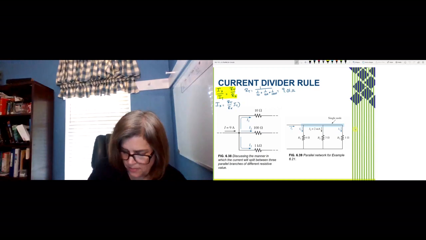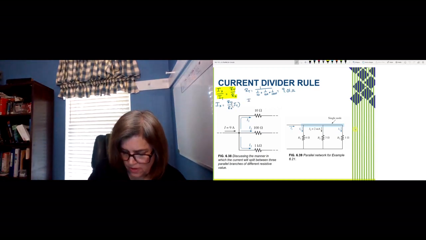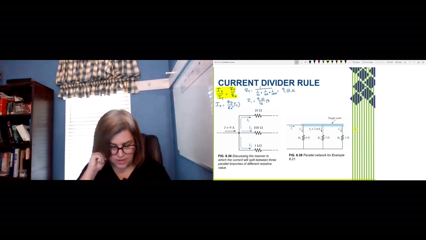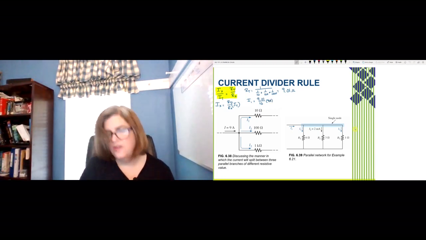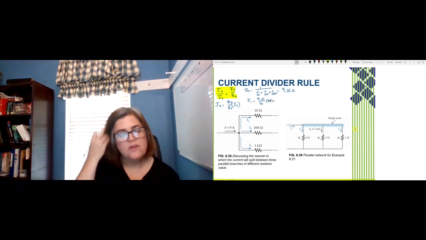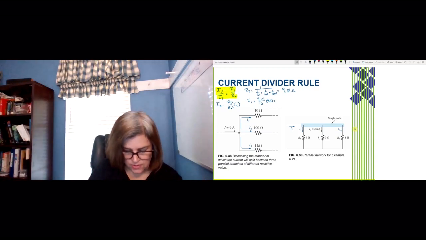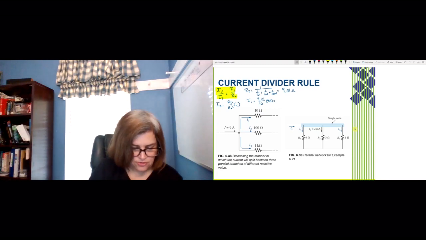All right, so that means that the current I1 would be the 9.01 over 10 times IT, which is my 9 amps. Okay, so about 90% of my current from the source or from that node should go through this particular resistor.